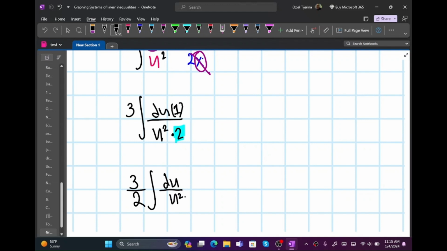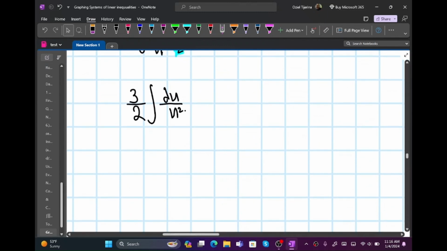Now, for this part, isn't it negative 1 over u plus c? So, obviously this is going to equal 3 over 2 times the integral of 1 over u squared du.